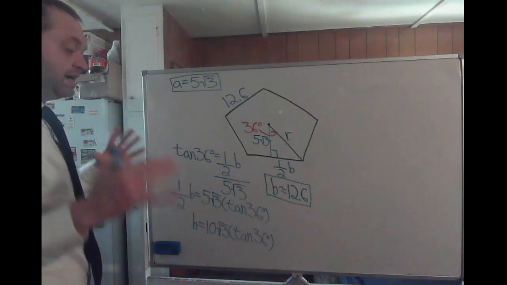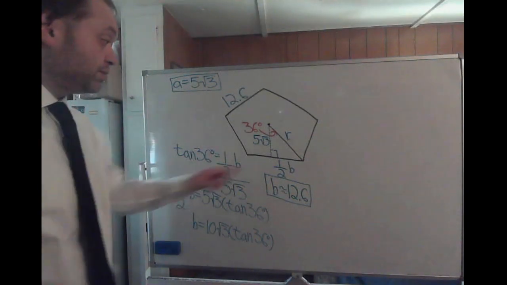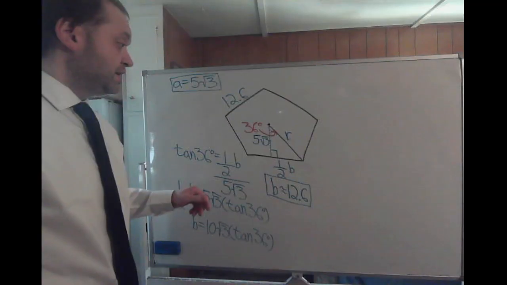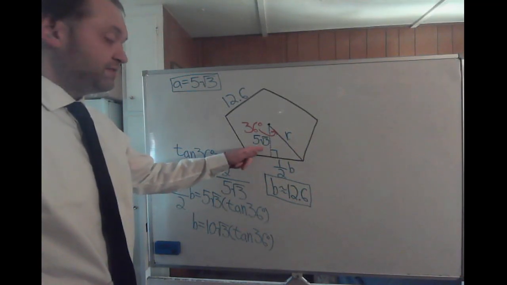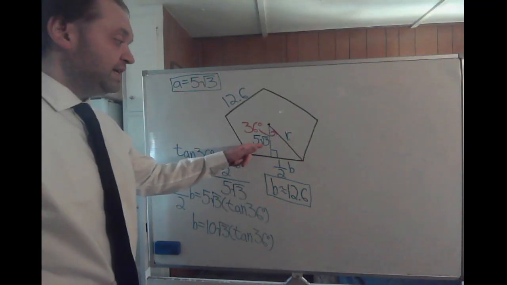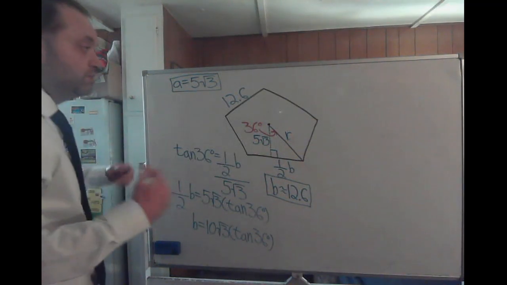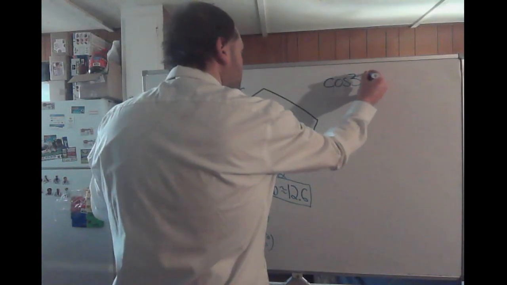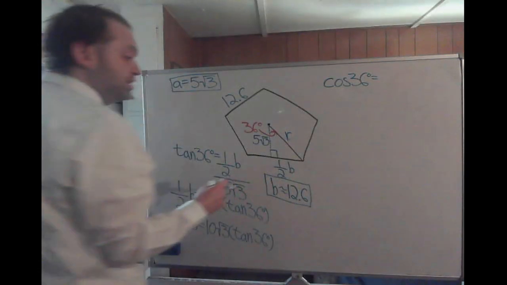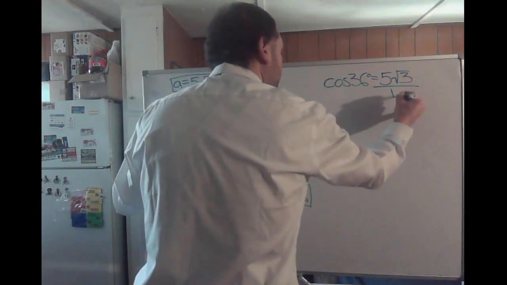Now we need to find the radius. What we're trying to solve for is the length of the radius. And then we have the adjacent leg here, which is exactly 5 times the square root of 3. If you're relating adjacent and hypotenuse, that's going to be the cosine ratio. So set up your cosine ratio for 36 to solve for the radius. That's going to be equal to the adjacent leg of 5 times the square root of 3 over the radius.